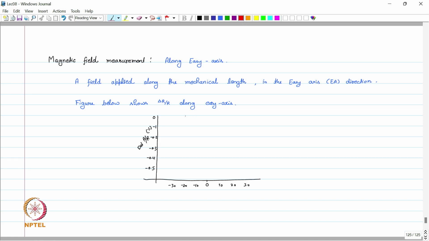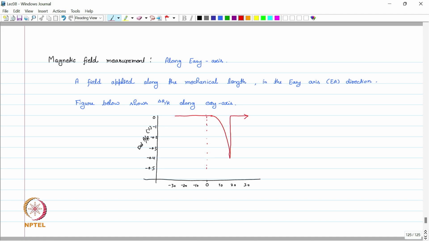And the change is a little more complicated than the hard case. This is the 0 point. While going higher, it shows this kind of behavior, and then it goes like this.